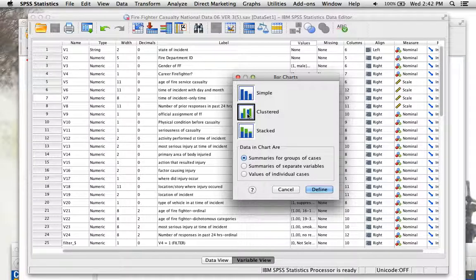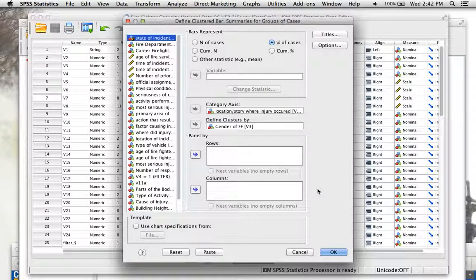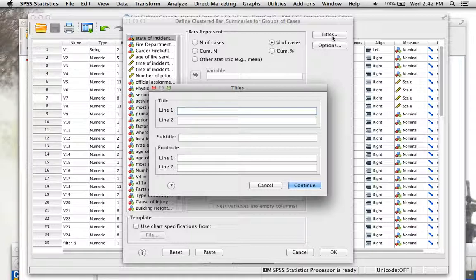So you make sure you click on cluster, don't change anything here, go into define, and make sure that you have your percent of cases, just like if you were producing a straightforward bar graph. Give it a title. If you're only doing one graph, which in this case we're only doing one graph, just give it a name, graph 1.